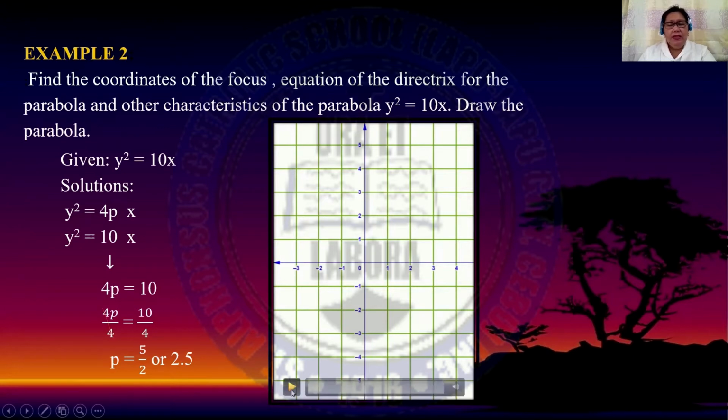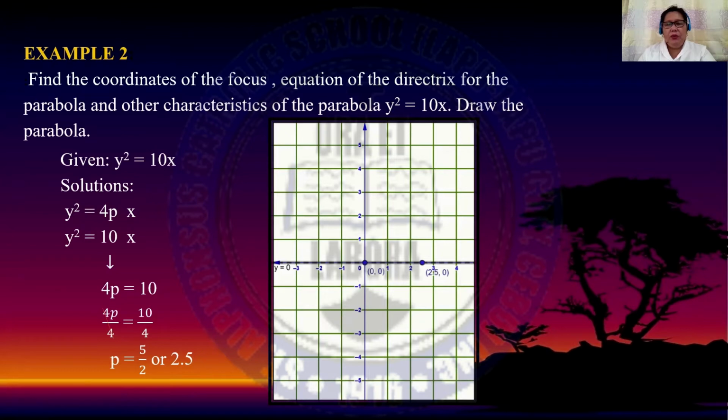So, you watch this video for the graph. This is the axis of symmetry. You have the vertex. Then from the vertex, 2.5, that's the focus. So you have another point, and you can draw later on the directrix. The endpoints of the latus rectum, you draw the parabola. And this is now the latus rectum.